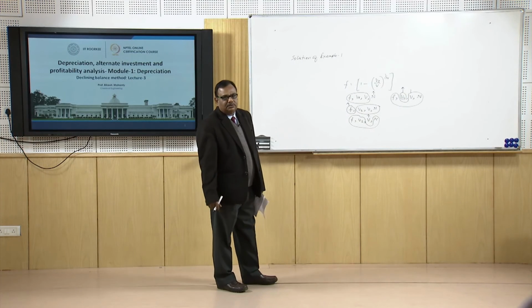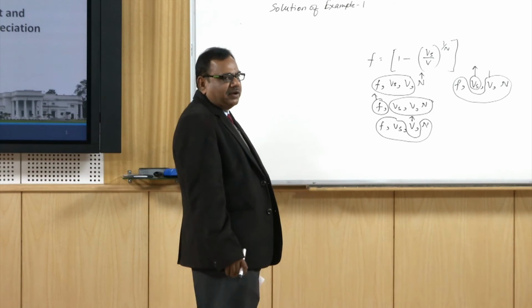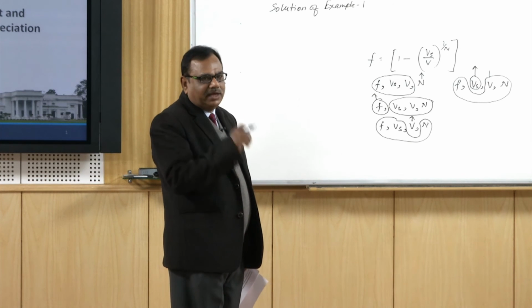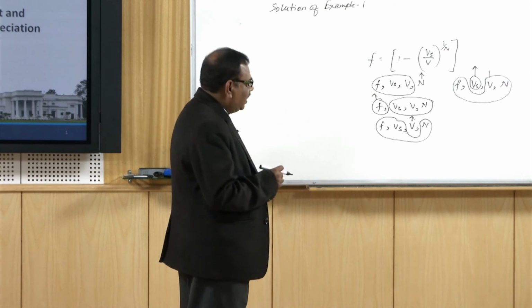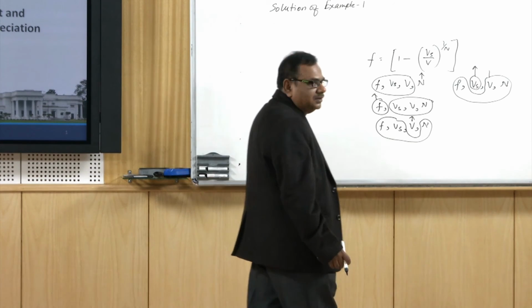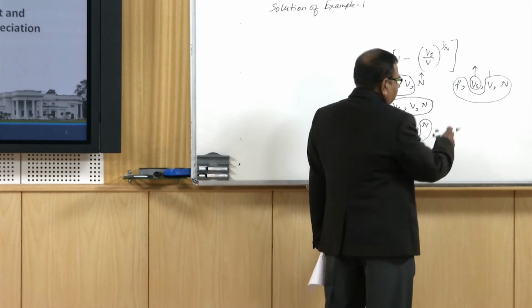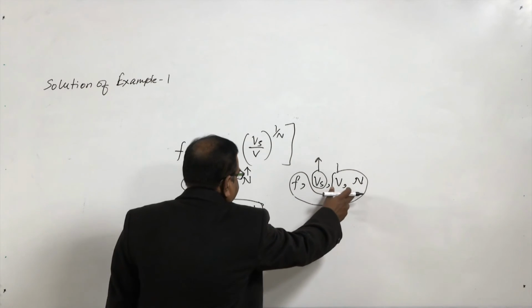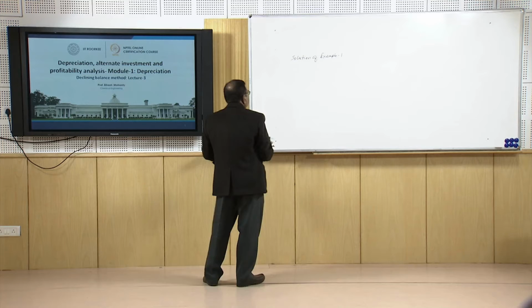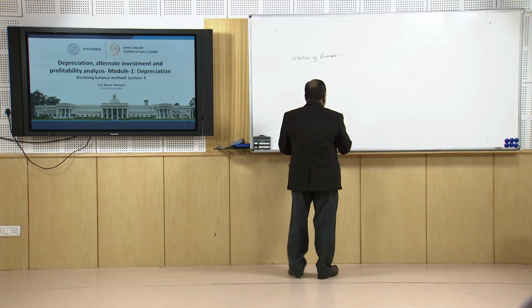So, this is how the questions are framed. In this case, we have to find out the value of Vs. So, F is given, V is given and n is given. So, this is example number 3.